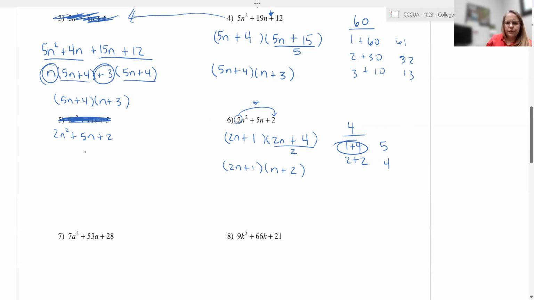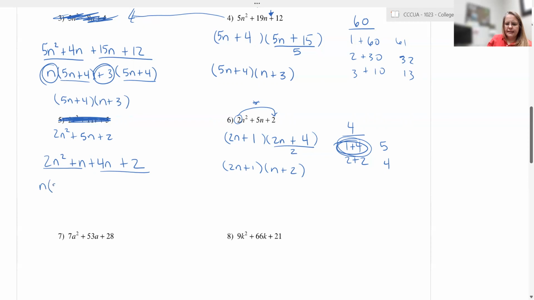Going over here to doing the way of grouping, I'm still going to use the same factors that I used in this way. So it's not really that much different. So I've got 2n squared plus n plus 4n plus 2, and then grouping them.